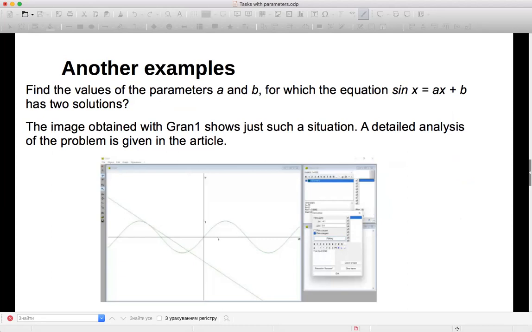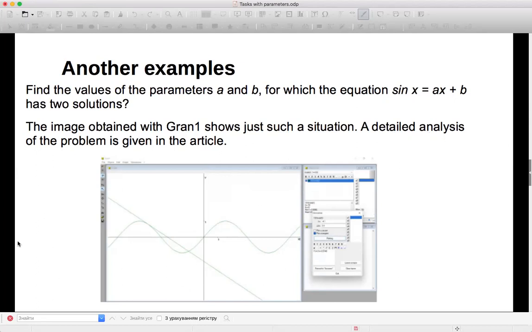In the article, you can find more interesting examples, and some of them we will consider below. The first one: find the values of the parameters a and b for which the equation sin x equals ax plus b has two solutions. The image obtained with Gran 1 shows just such a situation.